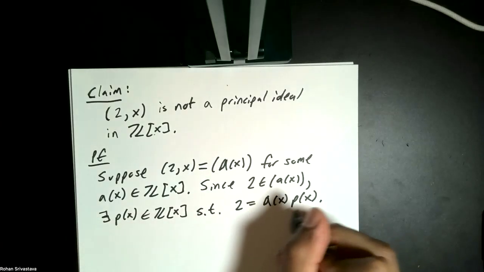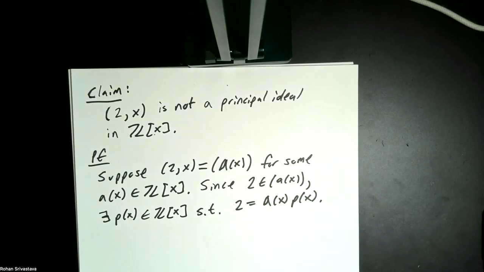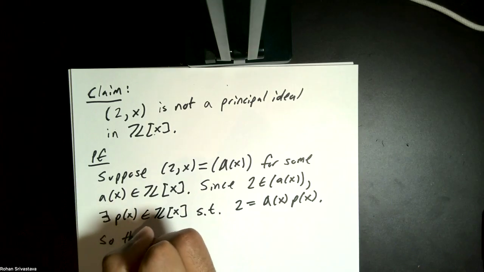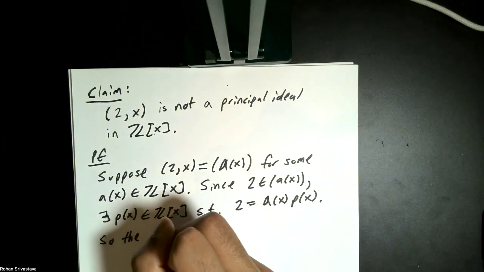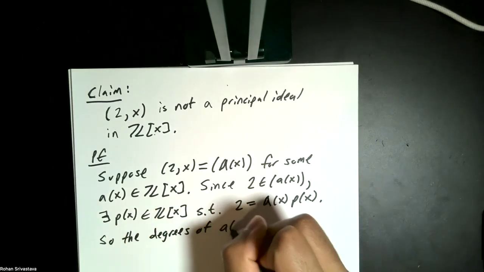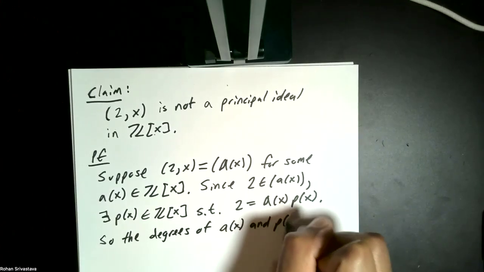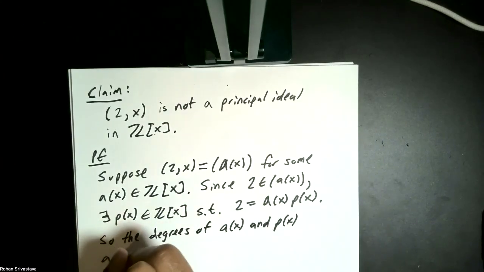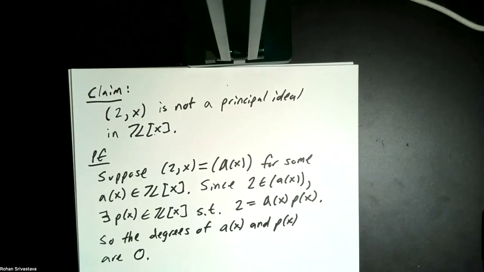The degree of a product of two polynomials is the sum of their individual degrees. So the degrees of A of X and P of X must both be zero, since the sum of their degrees has to be zero since their product has degree zero.